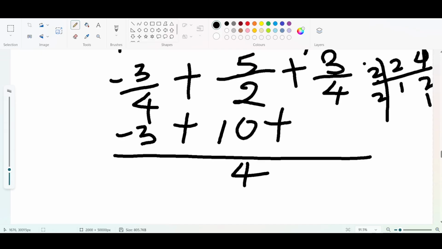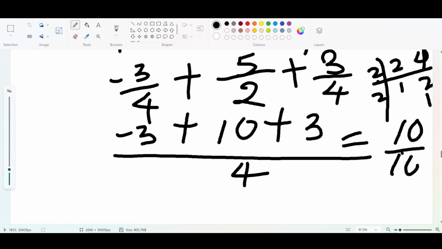1 times 3, 3. So the final answer is going to be minus 3 plus 10, that's plus 7, and plus 7 plus 3 is 10. So that's going to be 10 all over 4. 10 over 4, 2 can still cut between them. So we use 2 to cut.